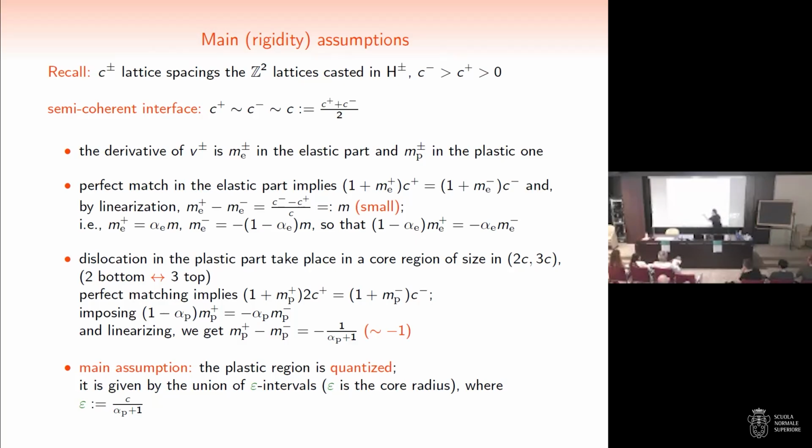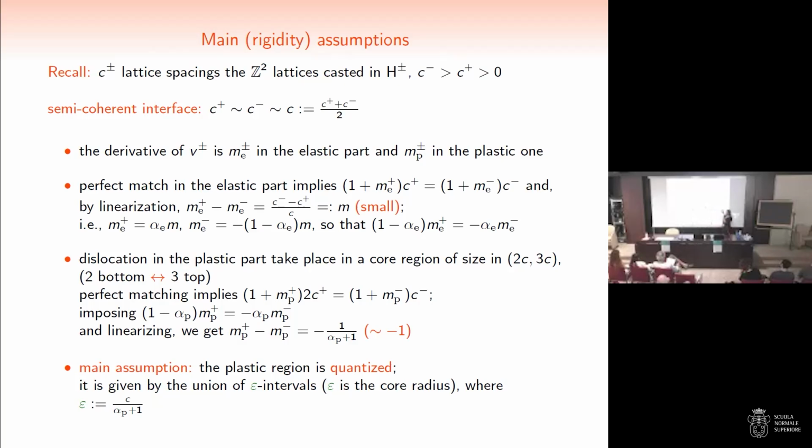But the important thing is that this difference is close to -1. So when looking at the difference of the slopes, I can have only 2 choices: the positive one that is small, and the negative one that is close to -1.